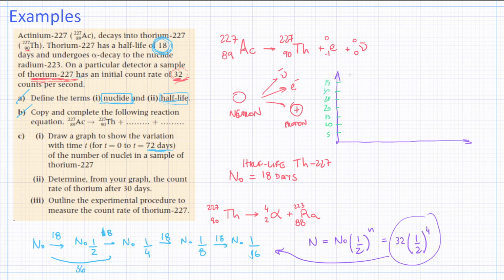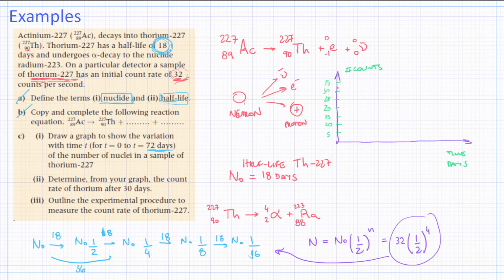This is the number of counts, and this is time. Could be days, let's put it in days. Now my initial count rate is 32, so it would be somewhere around here.